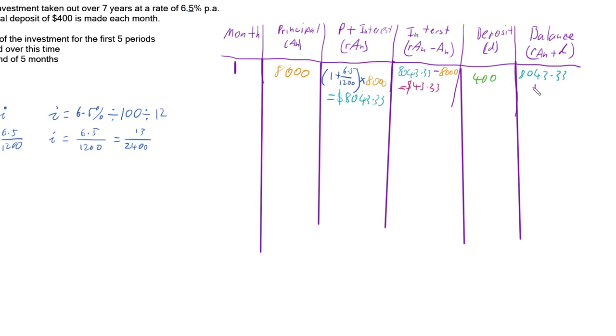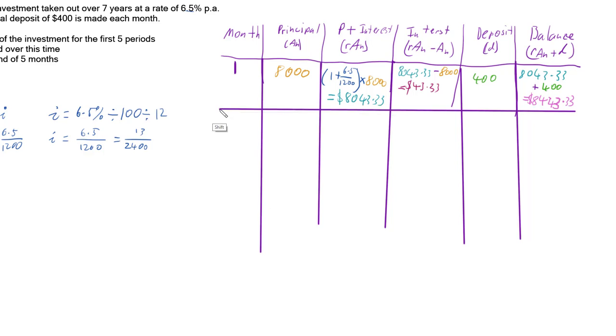And we can add on that deposit of $400. That gives us our balance, which is $8,443.33. So at the end of the first month, our $8,000 has already grown to $8,443.33. So it's already increased by a fair bit.